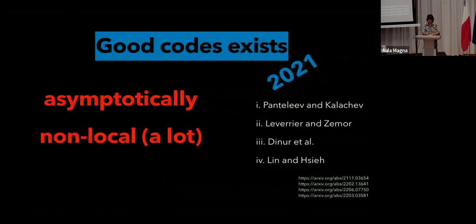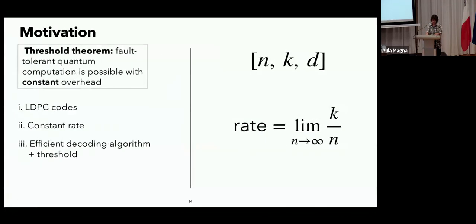And the good news is that good codes actually exist. I want you to notice that the results are all from 2021 onwards. A good code comes from classical coding theory. A good code is a code for which the rate is constant, so both k and d grow linearly with n.